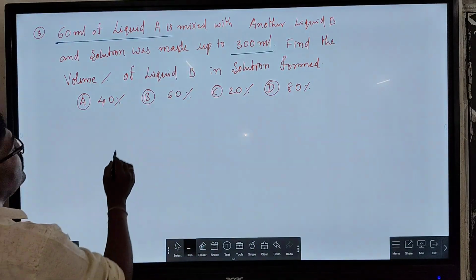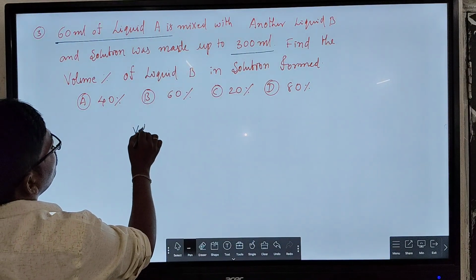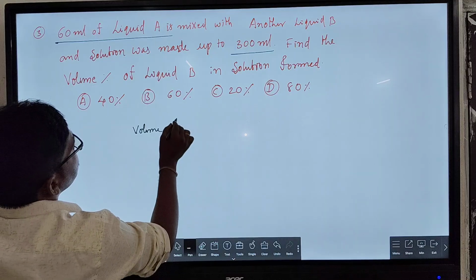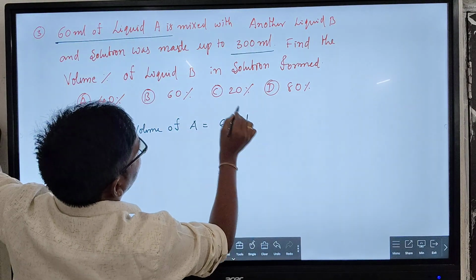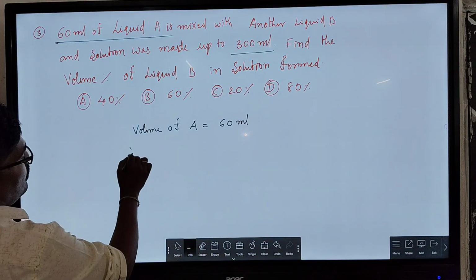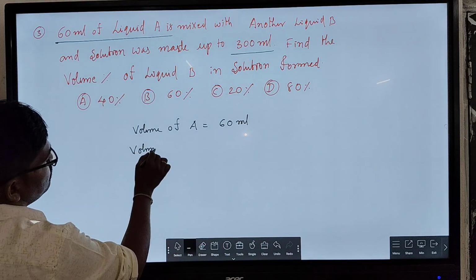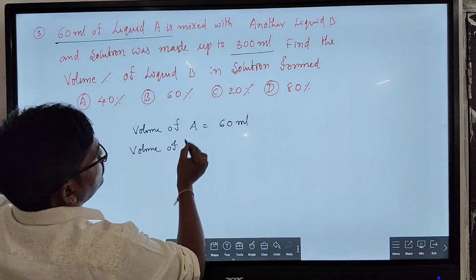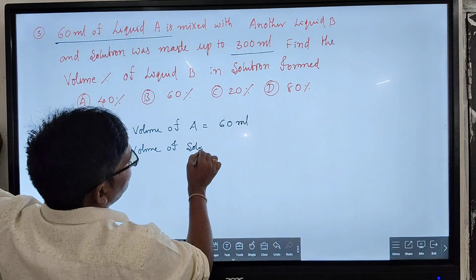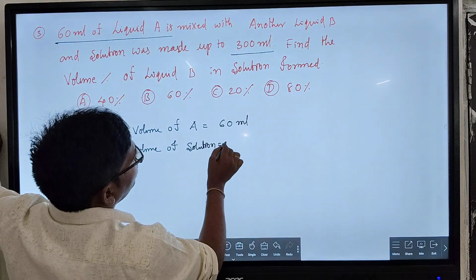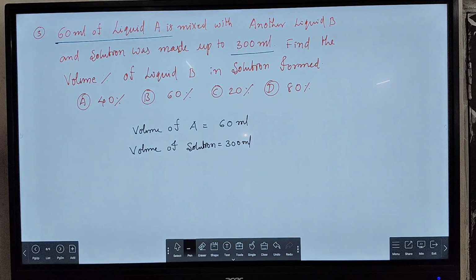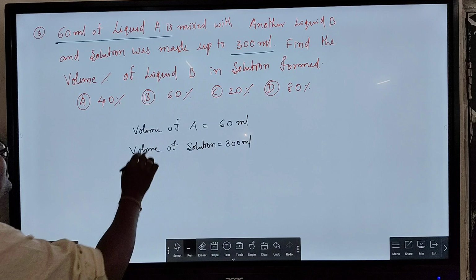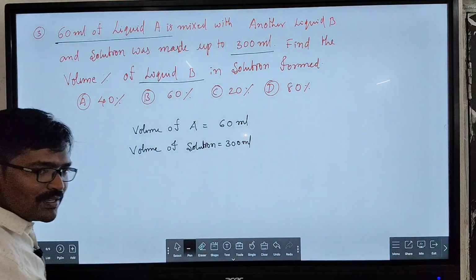The volume of A component is equal to 60 ml. The volume of solution is mentioned, made up to 300 ml. But they are asking for liquid B percentage.